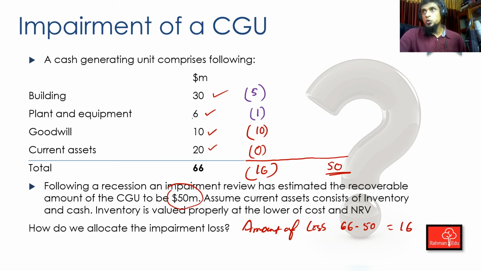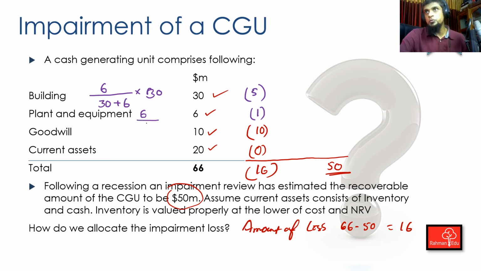We take total book value 36 that goes to the denominator, right? And we put the total loss that is remaining, 6, multiplied by the carrying value of the first asset, that is 30.